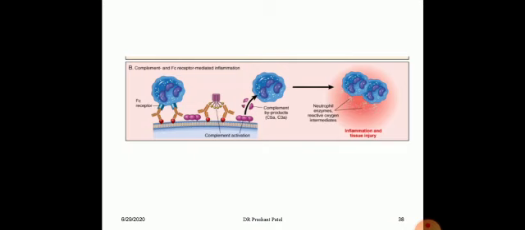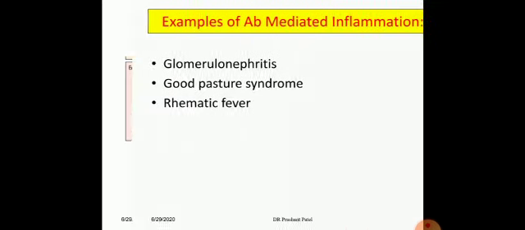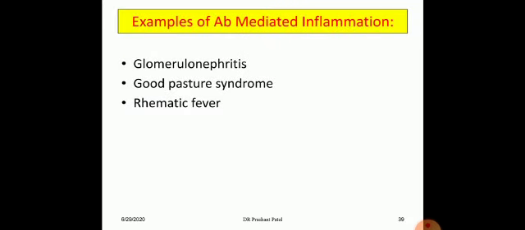This is a diagram which shows complement and Fc receptor mediated inflammation. The examples of this antibody mediated inflammation are glomerulonephritis, Goodpasture syndrome, and rheumatic fever.